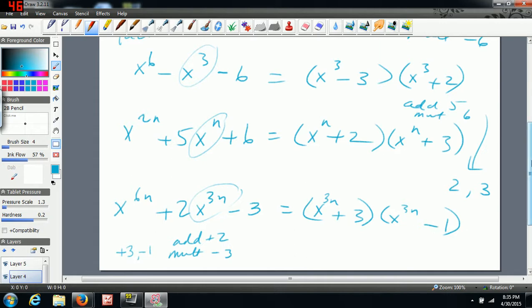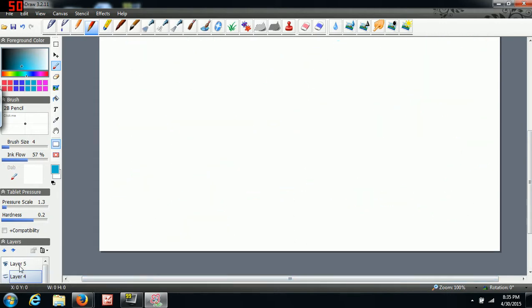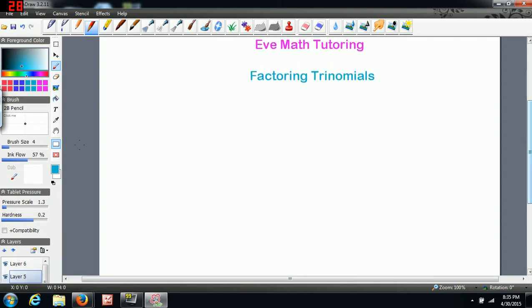We could do a few more examples. So if you had something like the following: x plus y to the 2 plus 7 times x plus y. I'm going to take out this part right here.